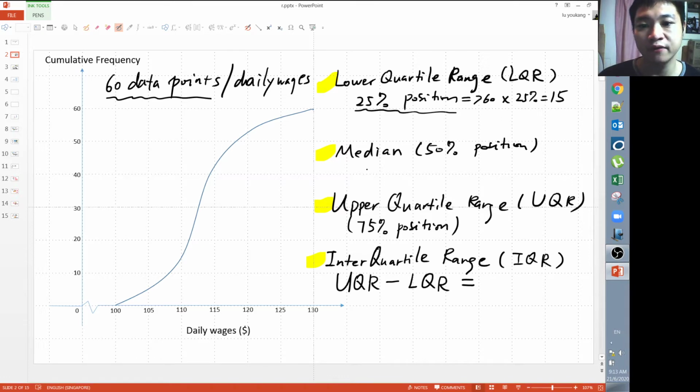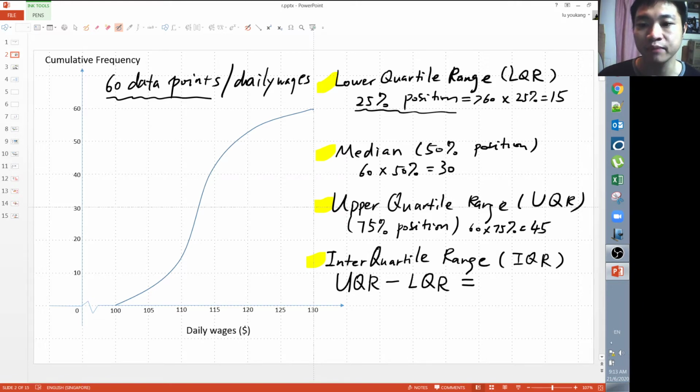Similarly, your 50% precision is 60 times 50%, which is 30, and for your 75% precision, 60 times 75% gives you 45.